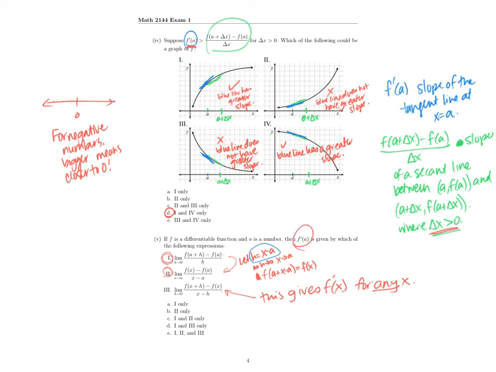So this is not the same as f prime of a, because when we say f prime of a, we mean a specific x value, that a is a specific x value, but this is like the function. Okay, so the answers then are 1 and 2, which is C.